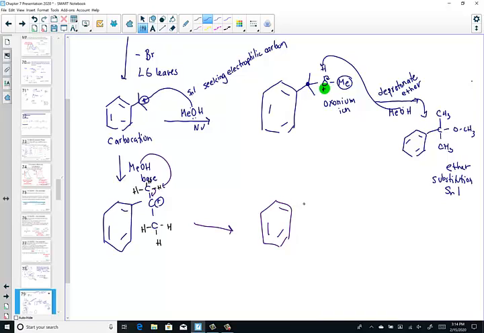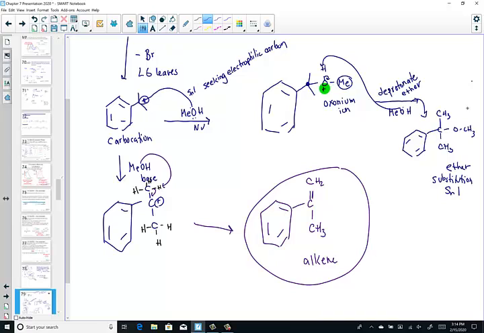Here's the beta carbon leading out to that carbon, now with a double bond leading out to this carbon, and we ended up with this particular alkene as the elimination product of that reaction. So two competing reactions. Here is the elimination product. Here is the substitution product, and both would be formed.